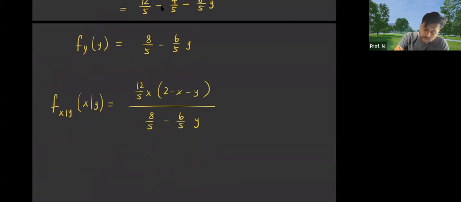Now, if you notice, we have a 5 in the denominator for all of them, so that can be struck out if you multiply the top and bottom by 5, which you can.